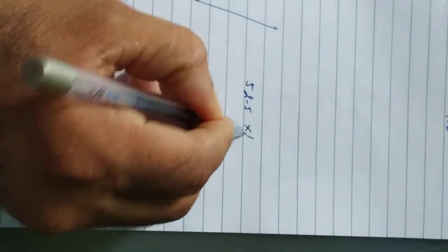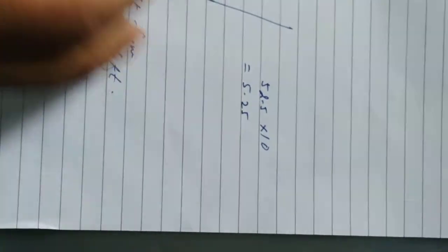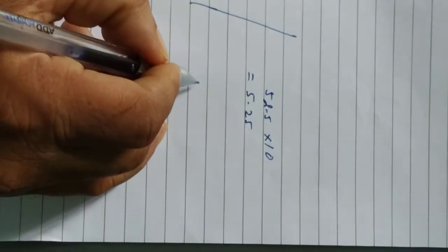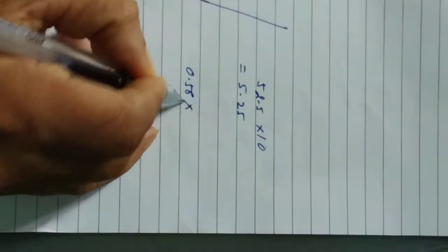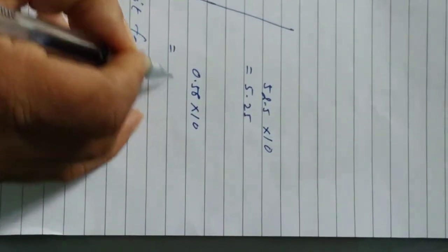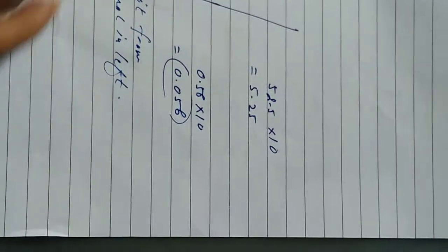So without doing any calculation, we can say 52.5 divided by 10 is equal to 5.25. See the last one, example number 6, 56 divided by 1000, so we can say 0.056. Got it?